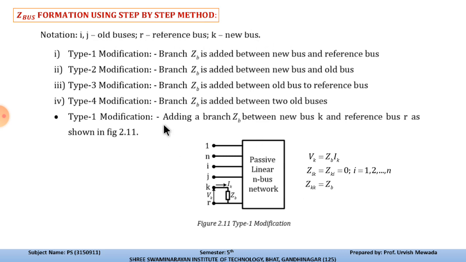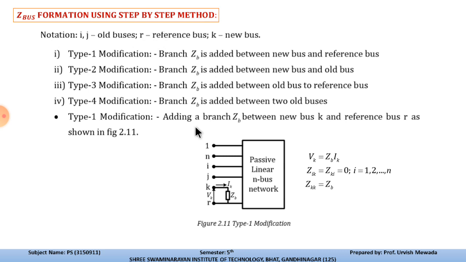We have certain modifications in this network to form the Z bus of this given passive linear n-bus network. We will perform these types of modification to determine the Z bus. In the type 1 modification, we consider that branch ZB is added.